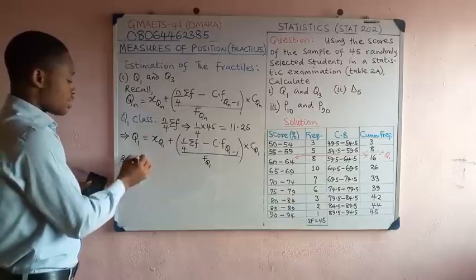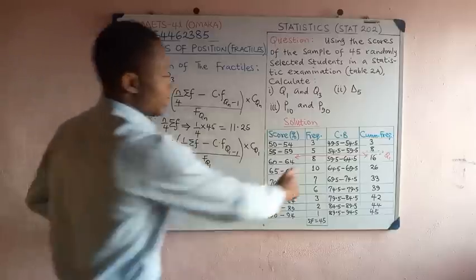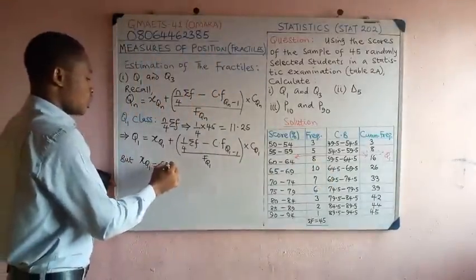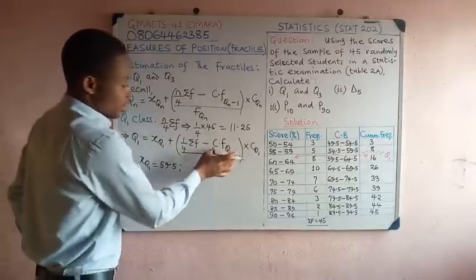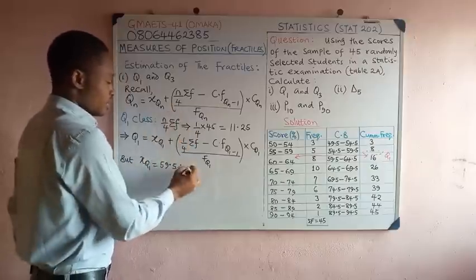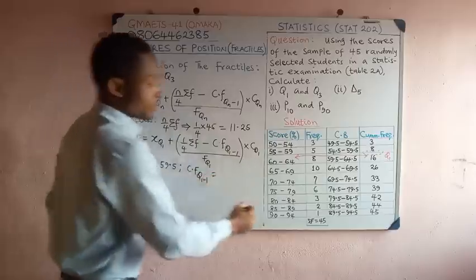So xQ1, which is the lower class boundary of the first quartile class, is 59.5. So we're going to write 59.5, and then we shall obtain the cumulative frequency of the pre-first quartile class, CF Q1 minus 1.